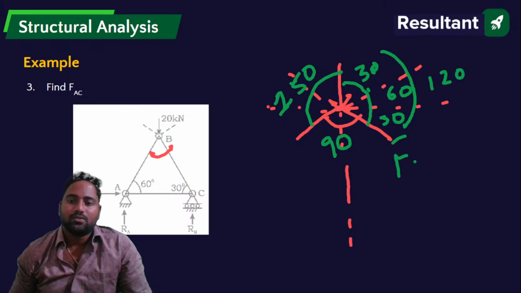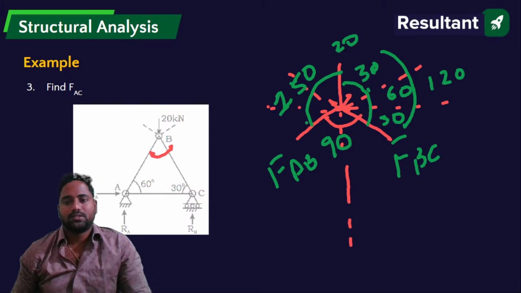So this is FBC, and this is FAB, and this is 20 kilonewtons, right?